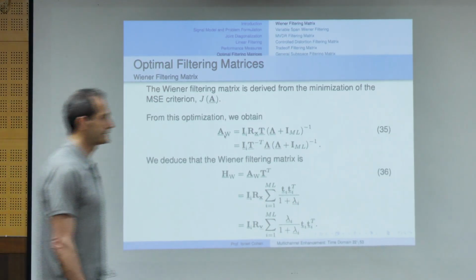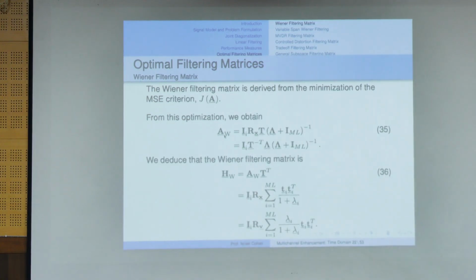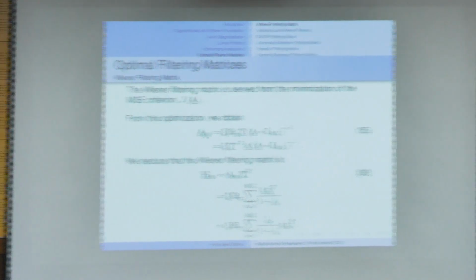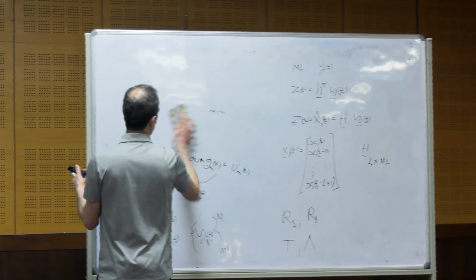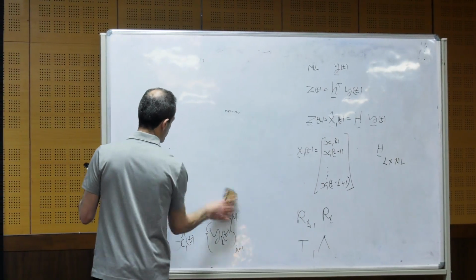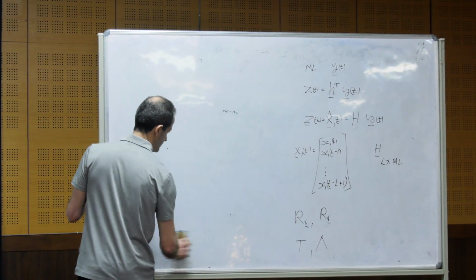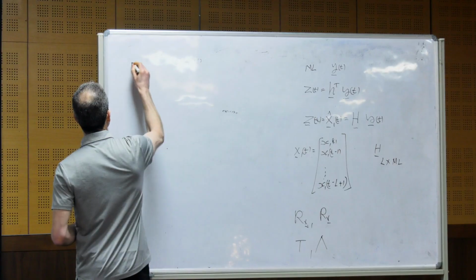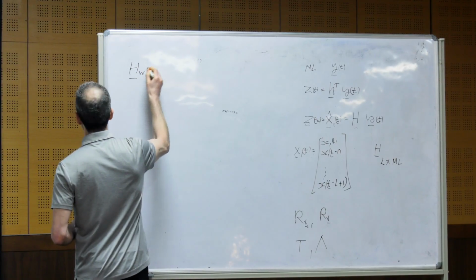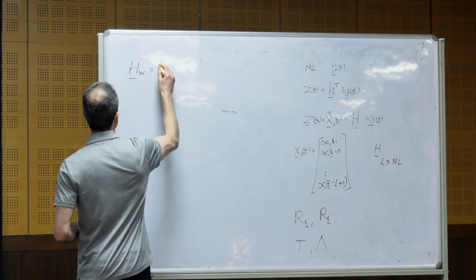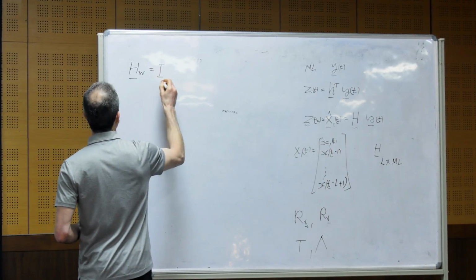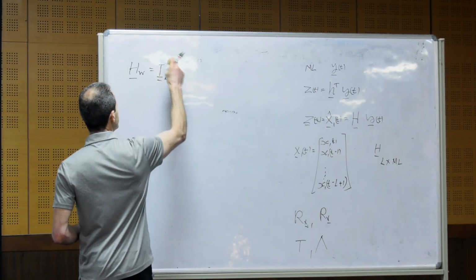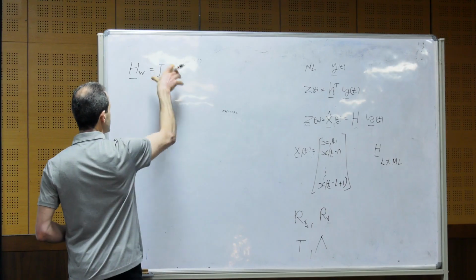Okay, so let's write it here. So we can write it as the Wiener filtering matrix. We can write it as matrix I, which is defined as identity matrix and all zeros.